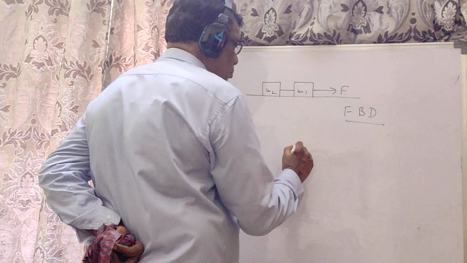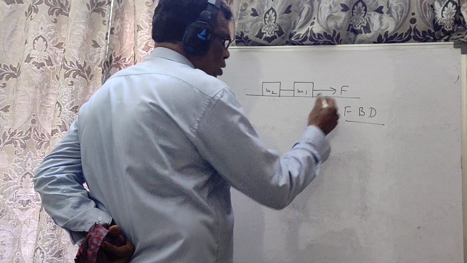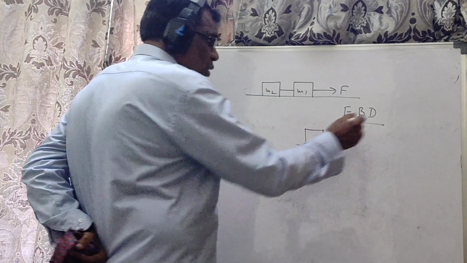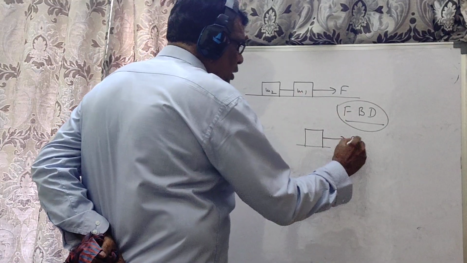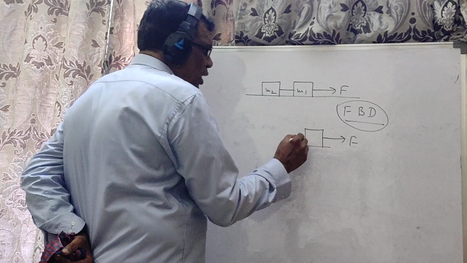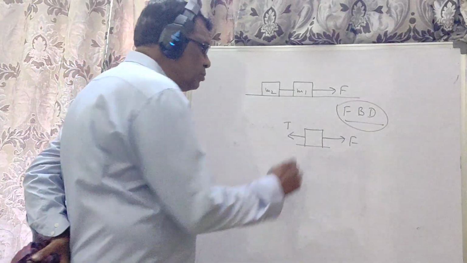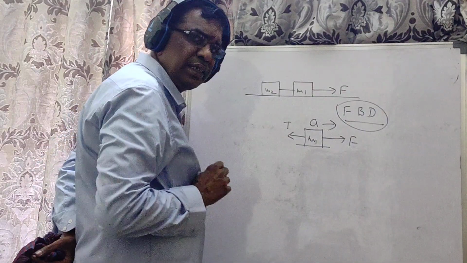I'll tell you, for example, I take this body, what are all the forces? I'm ignoring all except horizontal, because FBD I will discuss separately for you. On this side, if this is a wire, maybe a force tension is acting. Here it is M1. Let me presume that it is accelerating this way.